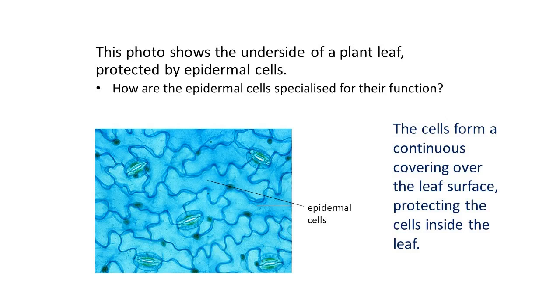So they're found all across the surface of the leaves, and they're adapted to form a continuous covering. I'll give you a few minutes just to pause there and add that information to your table as well, and then we'll look at the last type of cell.